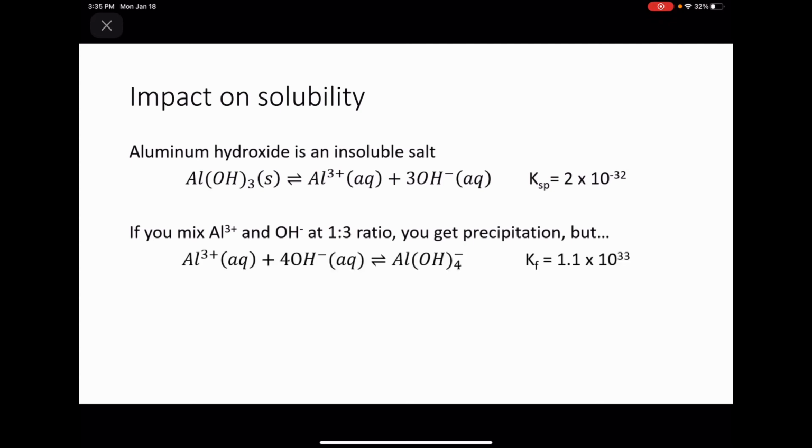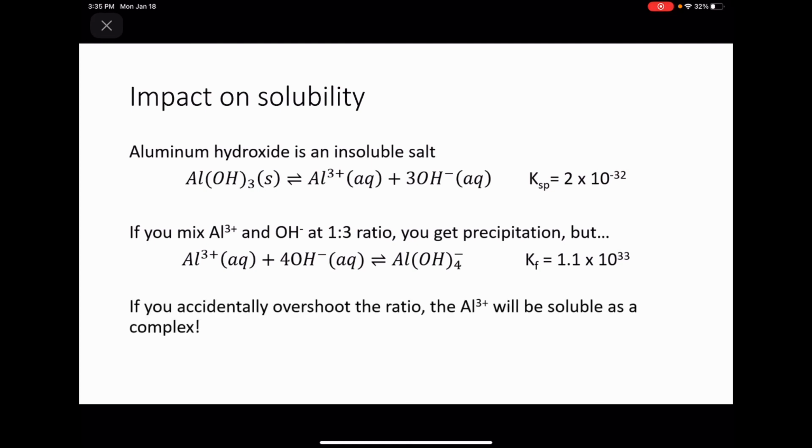But turns out, if you mix aluminum with 4, so in a 1:4 ratio, you get a complex formation. This aluminum hydroxo complex, which is a negative ion, has a formation constant of 1.1 times 10 to the 33. So you very much get a soluble complex, not an insoluble salt.